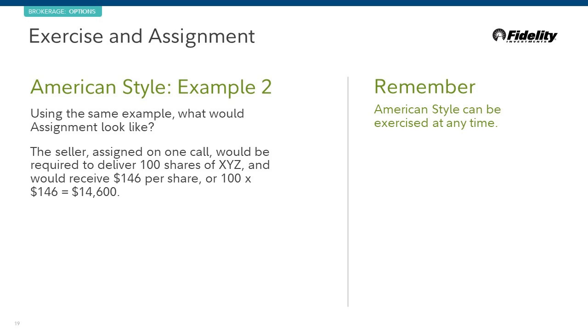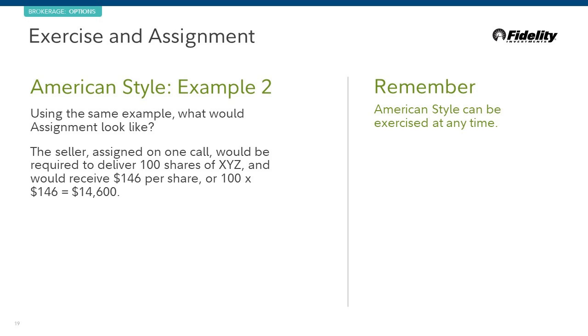We would then be required to sell them our 100 shares at $146. It doesn't matter what the stock is actually trading at in the open market. When we sold that call in this example, we sold that flexibility. They got the right, we got the obligation. I sometimes like to say we got the responsibility.